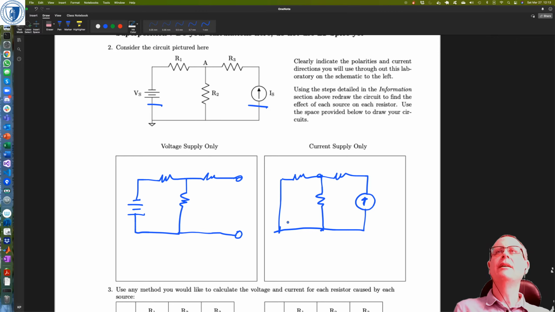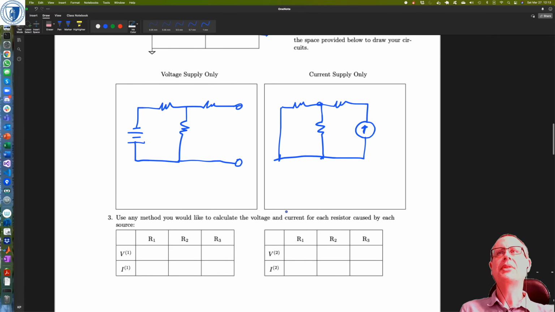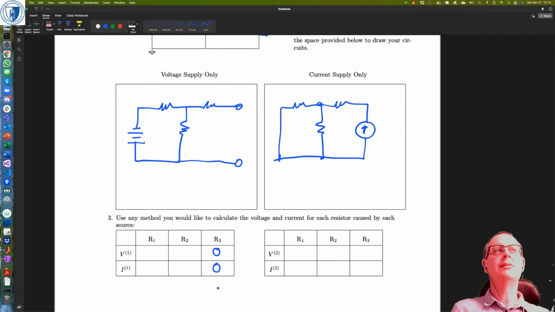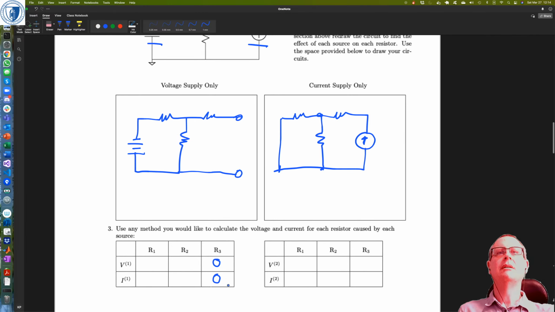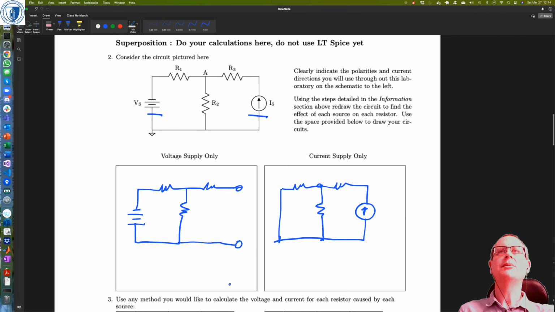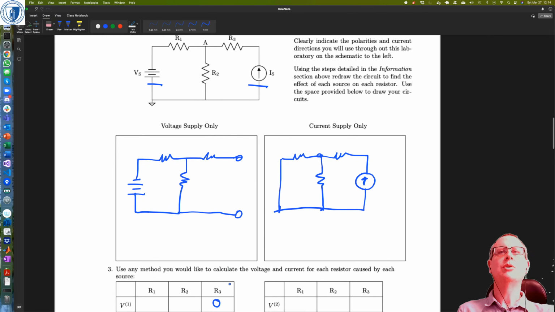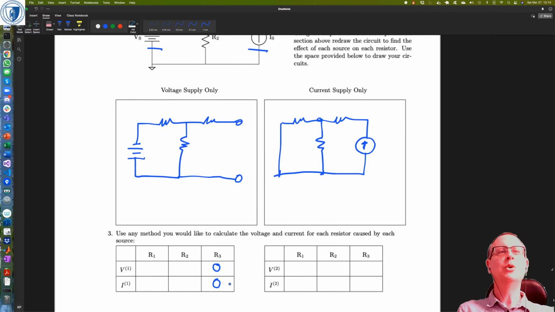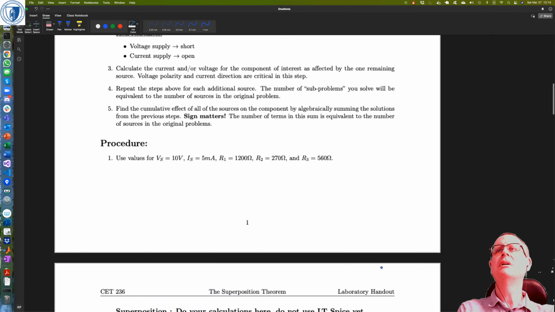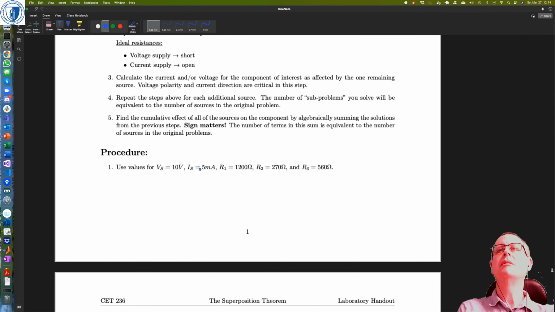Okay, so the one thing to note about R3 in the voltage supply only is that there's no current flowing through it, so there's no voltage drop across it. And in the other part, for R3, we know directly, I think it was supposed to be 5 milliamps. 5 milliamps, there we go.